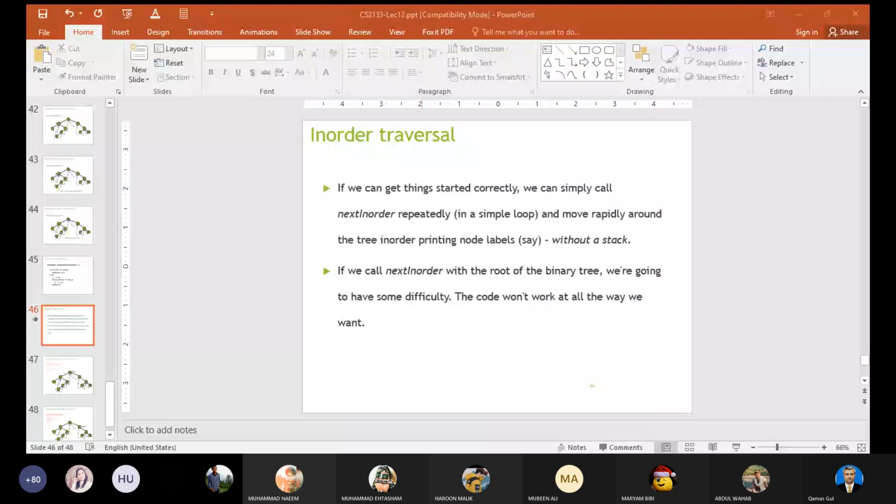Complete binary tree. So who is going to tell me what is a complete binary tree? जी, कंप्लीट बाइनरी ट्री हमने पढ़ा है, क्या होता है?